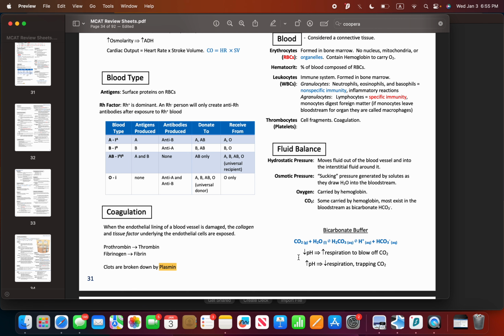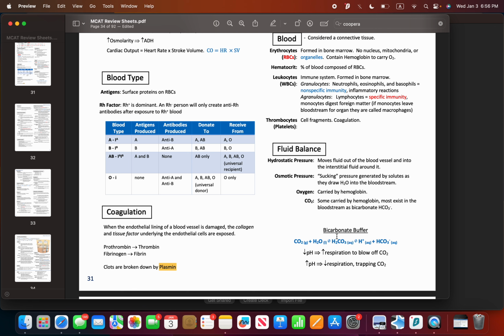So if the pH of our blood goes down, we increase our respiration to blow off the CO2, because when our pH is down, it means that we have more H plus, we have more hydrogen in our blood, and our blood has turned more acidic. That happens when we exercise very intensely, and we do increase our respiration in order to blow off the CO2.